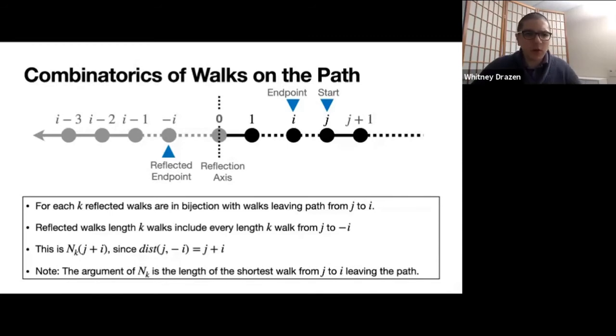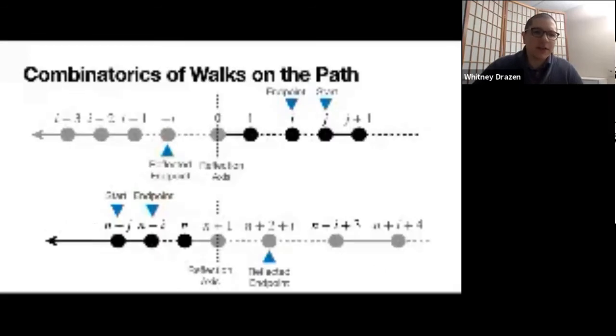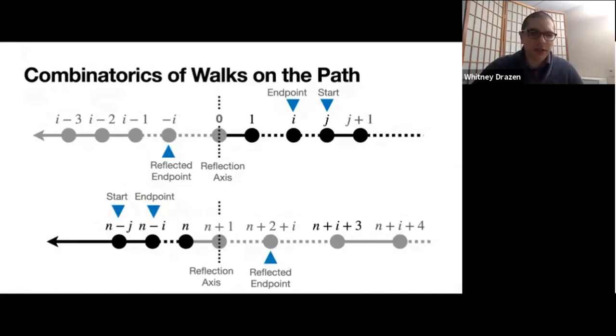Let's also note that the argument in n_k is the length of the shortest walk from j to i that leaves the path. So if we go from j to 0 and then back to i, that's length j plus i.